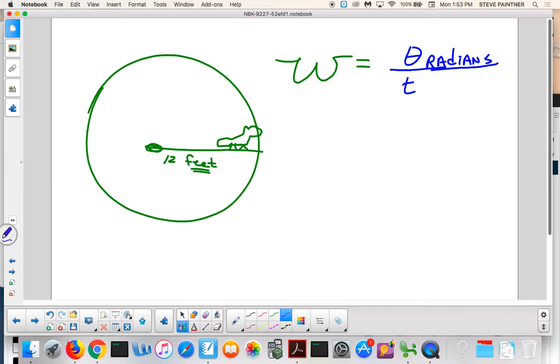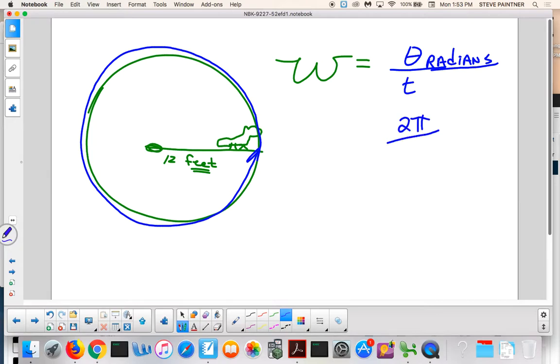So you're on a little merry-go-round, a carousel, at Valley Fair again. You make one revolution, which means one circle. How far is that? That is 2 pi radians over 12 seconds.